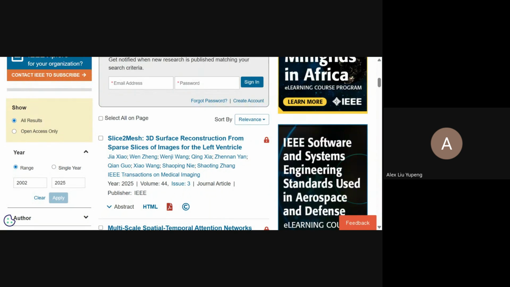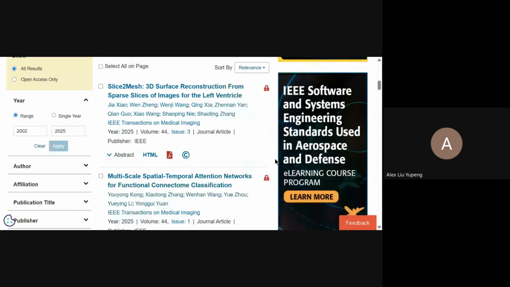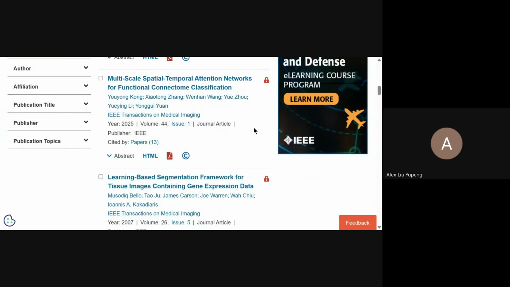Then ask yourself, am I able to do what these researchers have done? If your answer is, well, I'm doing a much more innovative, much more groundbreaking and important idea than these papers, this journal is a good choice because it covers your level of research.